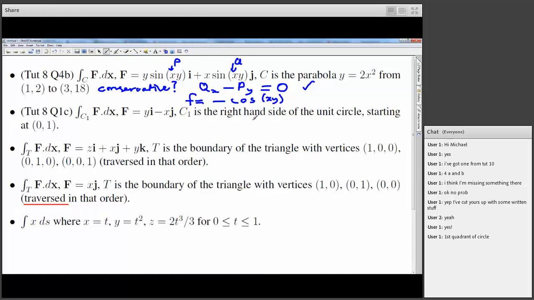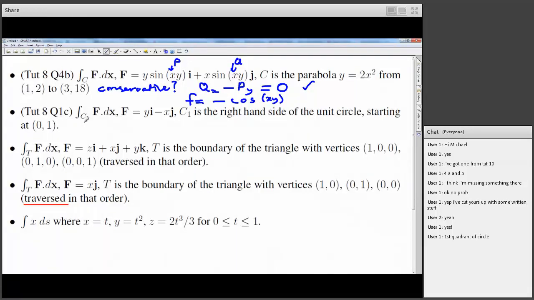There's more work to it than that, but as soon as you check this and realize it's 0, bang, I know it's conservative, and I can use a high-level theorem, the fundamental theorem of line integrals, to help me out. Okay, that's great.